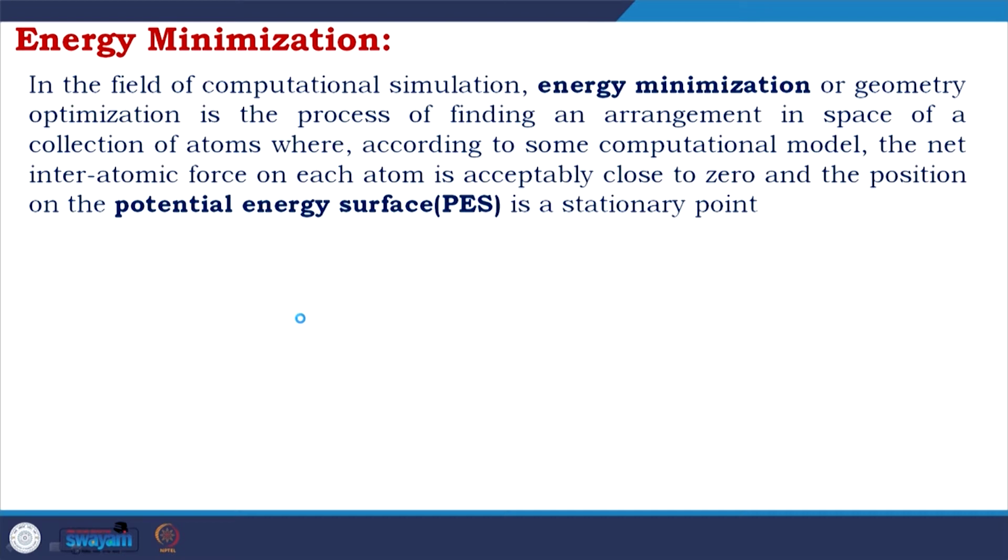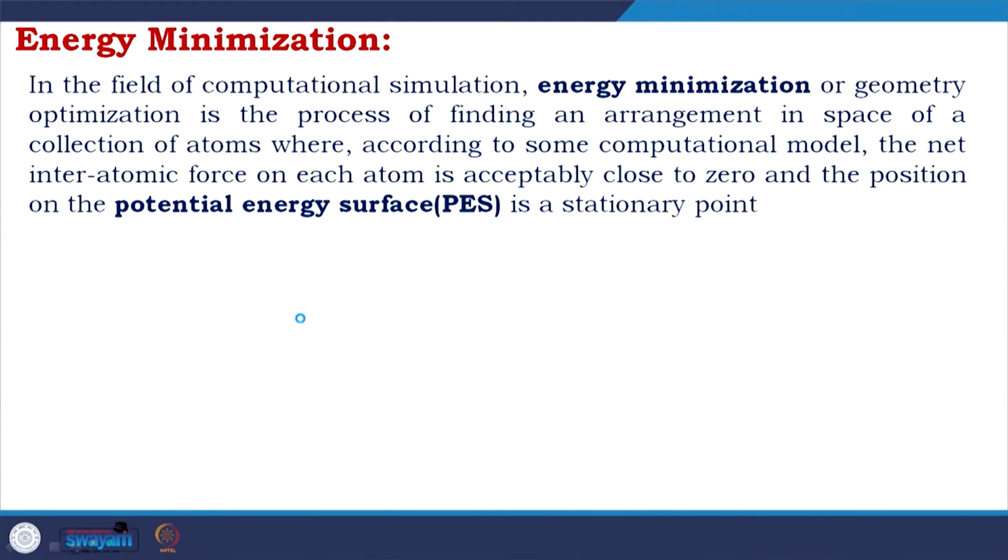I will not go into the second part now, I am going to explain it later, but the first part is: you have an atomic system, it has bond lengths, bond angles and all these things, and it would be optimized in a way that, in the configuration, conformation, geometry, the net interatomic force on each atom is acceptably close to 0.